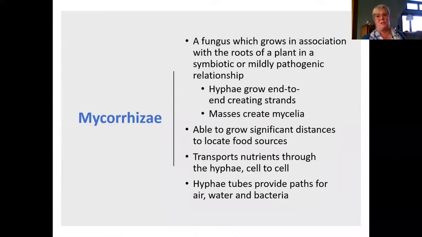So it grows in association with those roots, and it's symbiotic in that it benefits greatly both the plant and the mycorrhizae itself. They can tremendously extend the distance to locate minerals and nutrients and water that plants need.